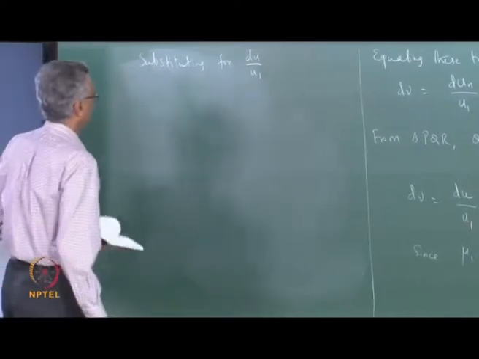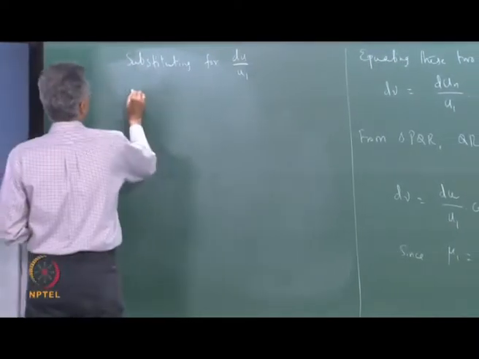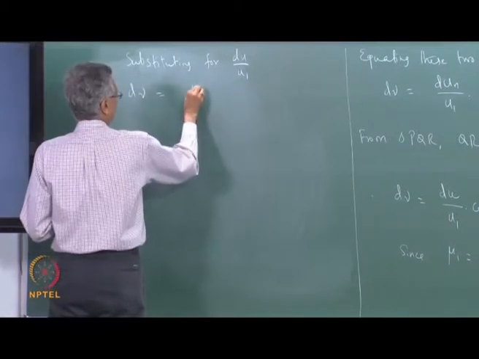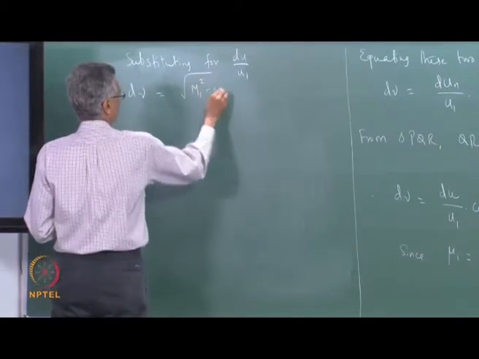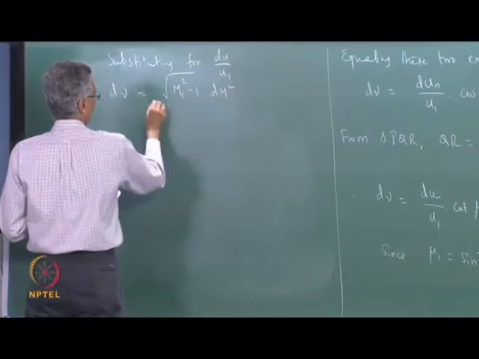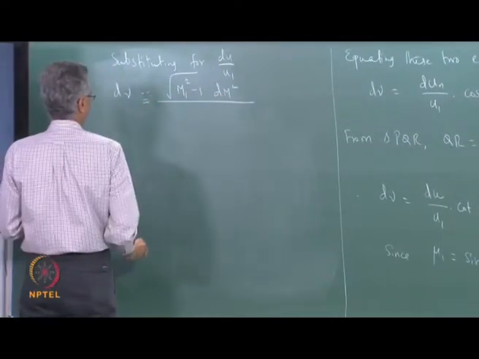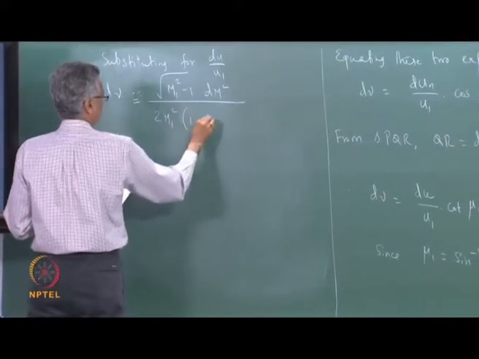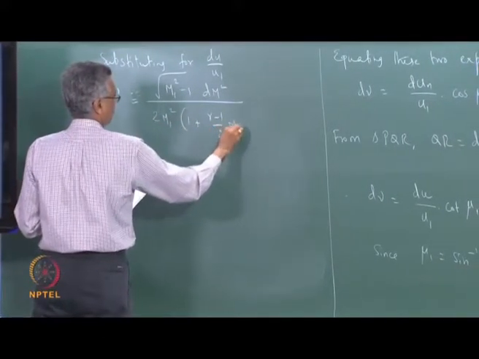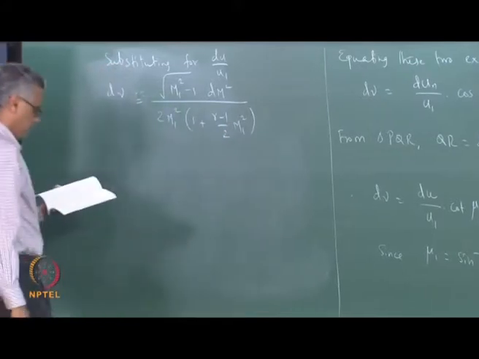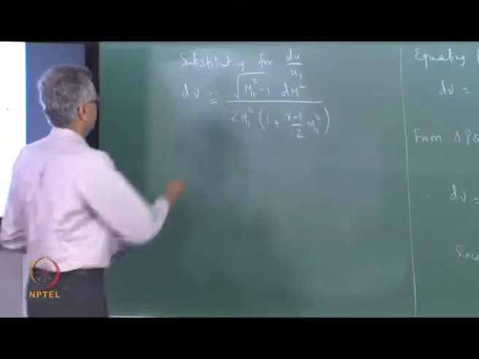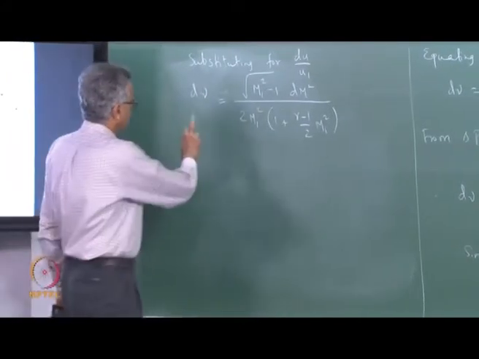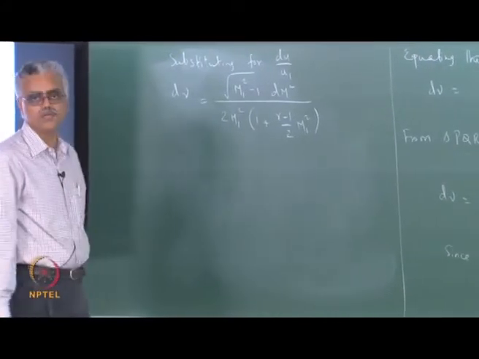So we substitute for du over u1 into this expression for d nu. I get d nu is equal to square root of M1 square minus 1 dM square divided by 2 M1 square times this quantity within parenthesis.